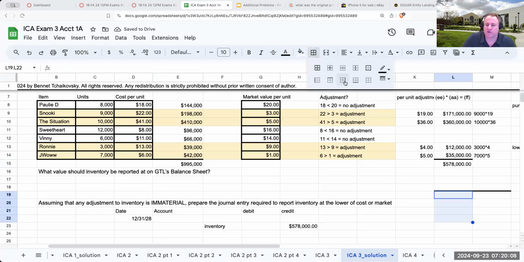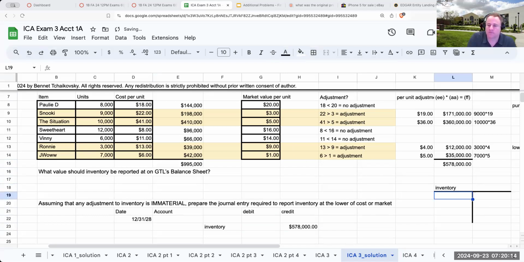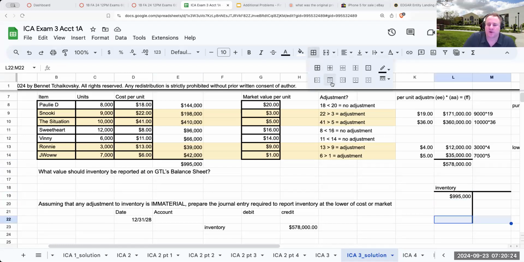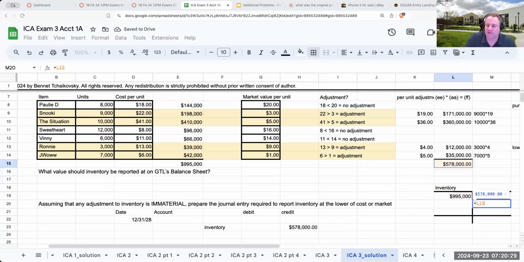So my inventory account, pre any type of adjustment, the balance was 995,000. So this amount is overstated. So what I'm going to have to do is adjust it by 578. So I'm going to credit inventory.